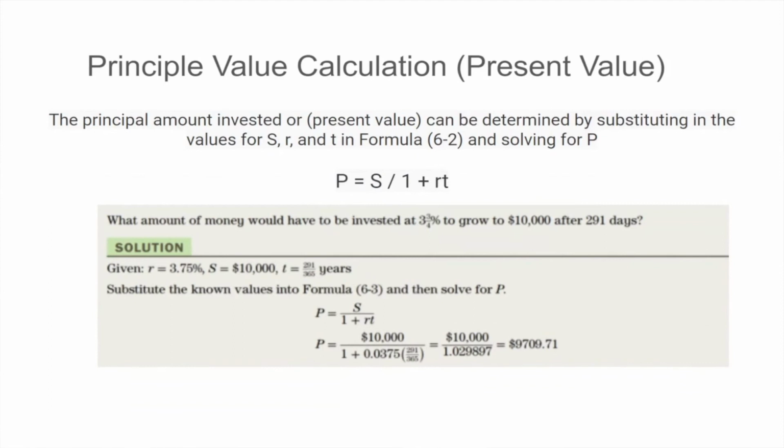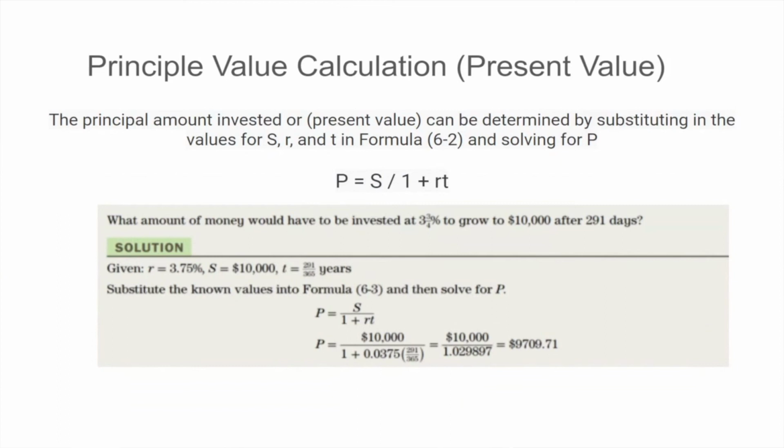So effectively, we want to know what amount of money would have to be invested at 3.75% to grow to $10,000. So $10,000 is at the end. That's the future value. 291 days is the length of the number line. What we're looking for is the value at the left, which is the present. The good thing with a number line is the present sits on the left and the future sits on the right. Time moves forward.